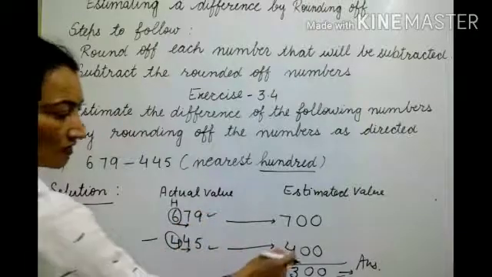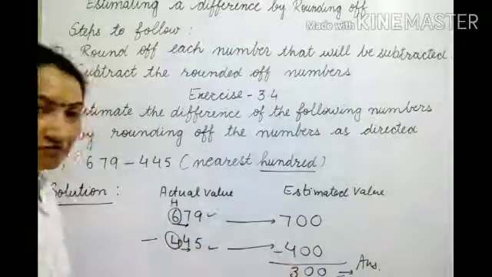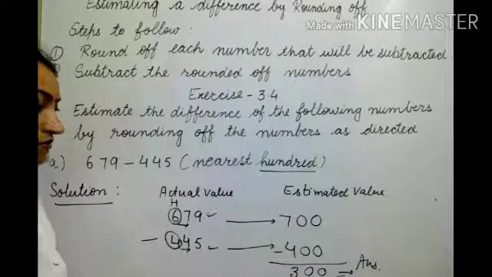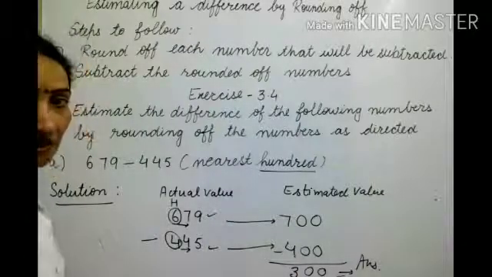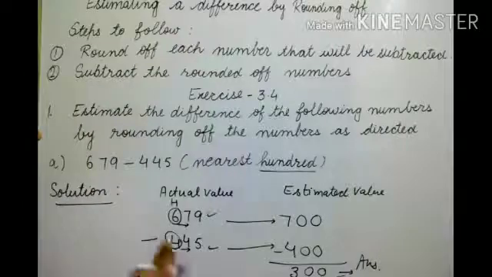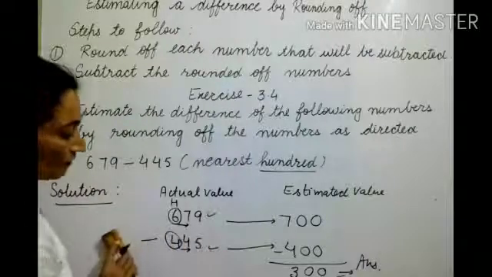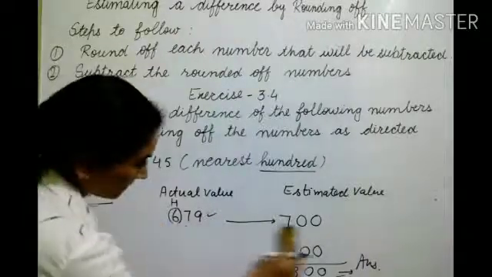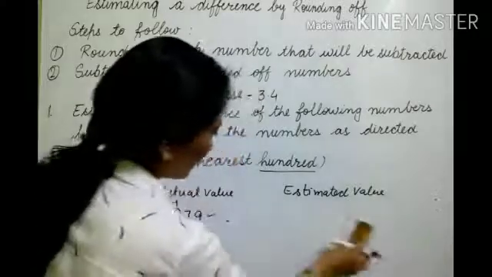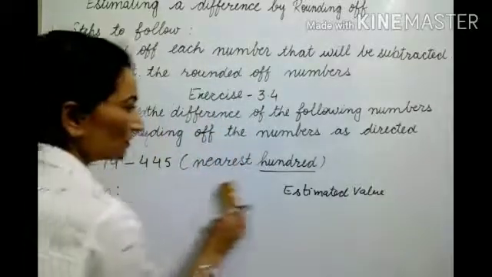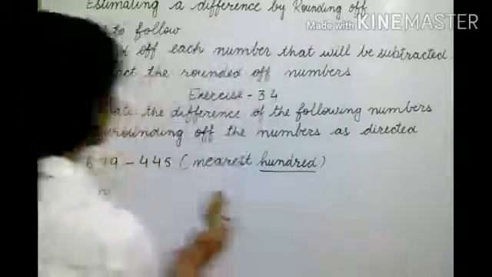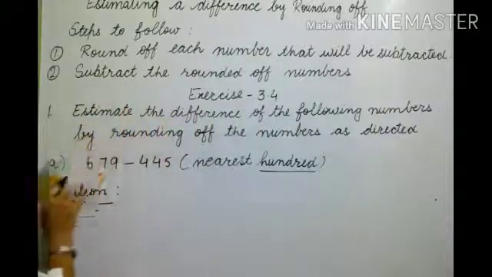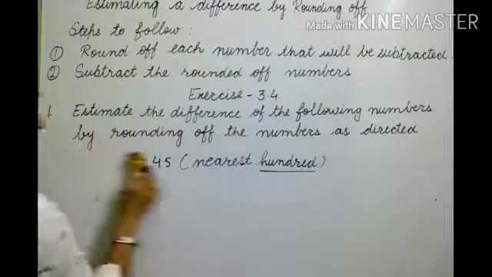Both the numbers will be estimated, then find their difference of estimated values. Then our answer will be estimated difference. We can find actual value also, but here it is asked estimated difference, so we will do that.